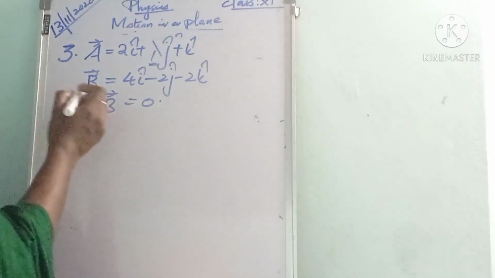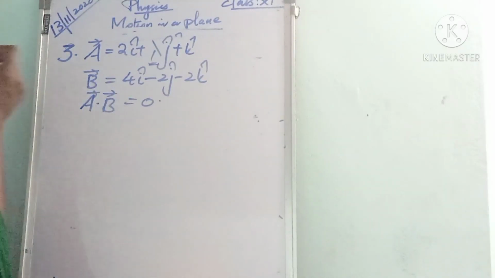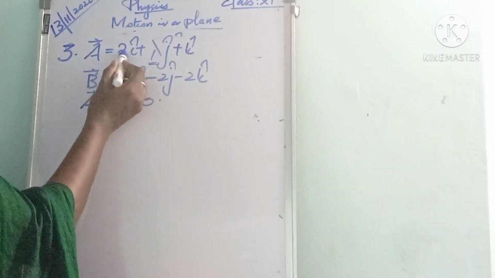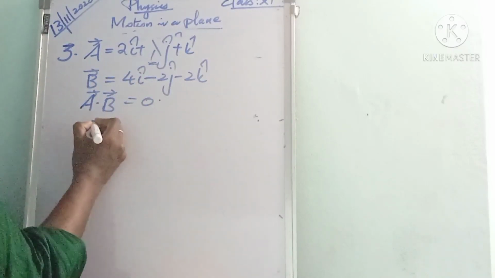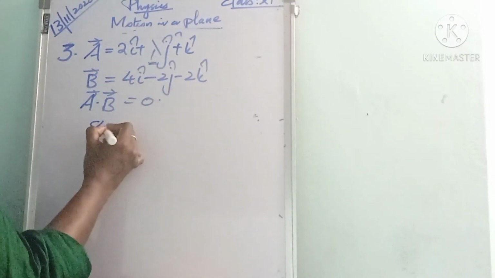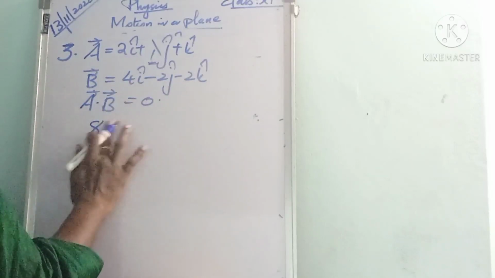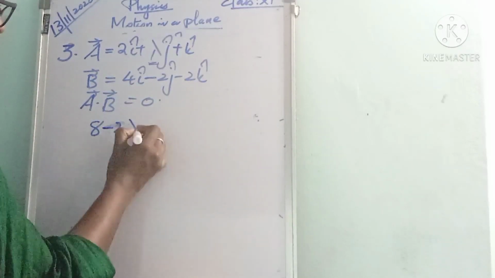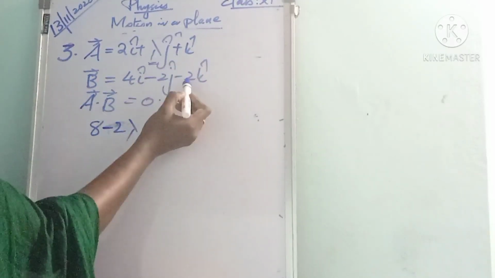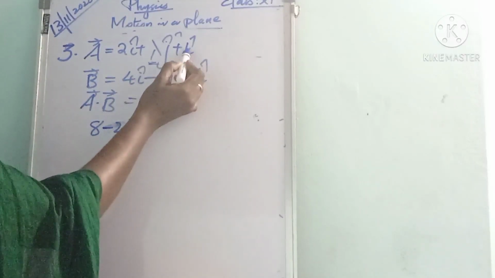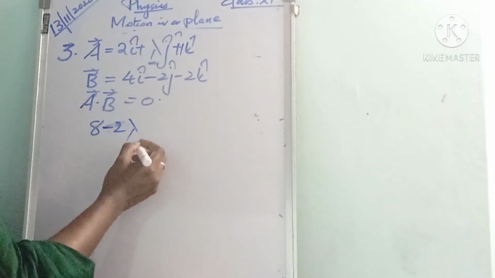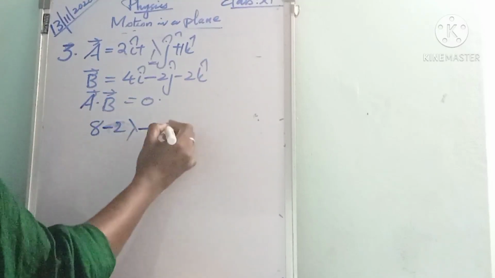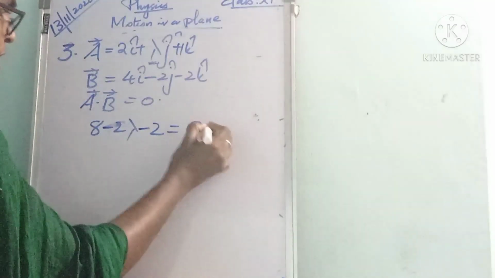So first we can find A dot B. A dot B is actually, here it is 2 into 4, actually it is 8, plus lambda into minus 2, actually it is minus 2 lambda. Then k, sorry, the coefficient of k is actually 1, so 1 into minus 2, it is minus 2, that is equal to 0.